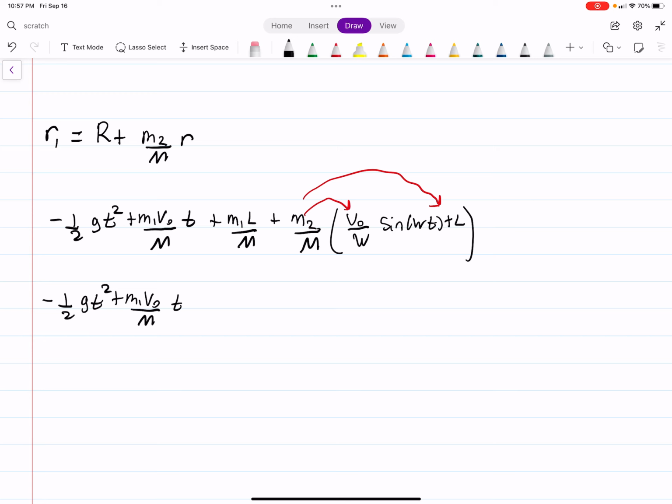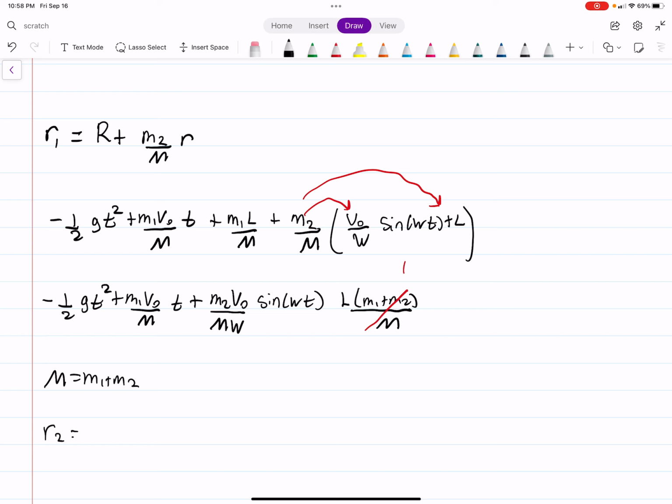And then notice, m2 v naught over big M omega sine omega t. If you factor the L out, you'll have m1 plus m2 over M, but remember big M is the total mass. So this is just 1.